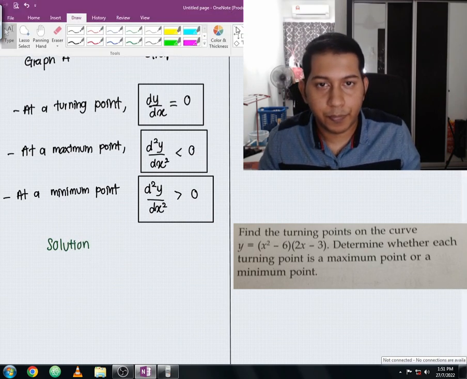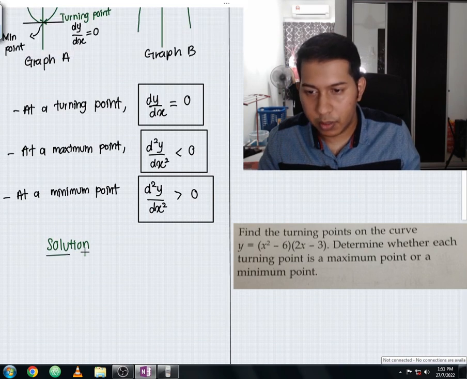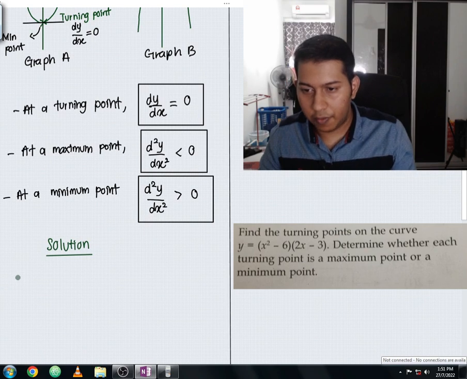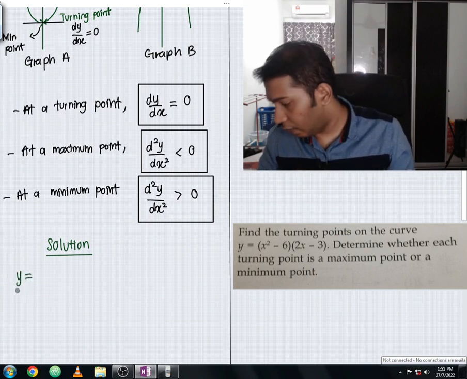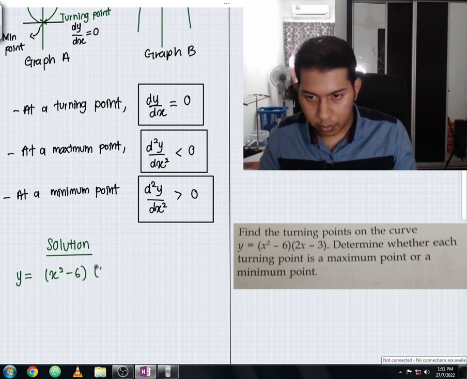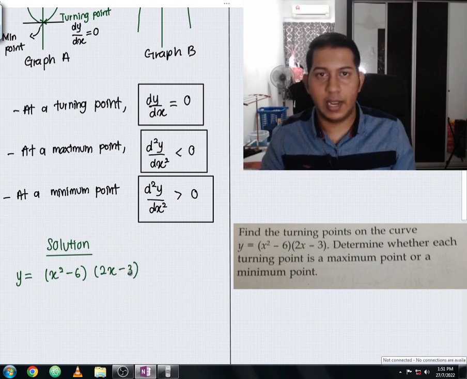Just give me a moment. Alright, to start off, let us write down the y equation. In the question, given that y equals x squared minus 6, close bracket, 2x minus 3. Let us expand this.